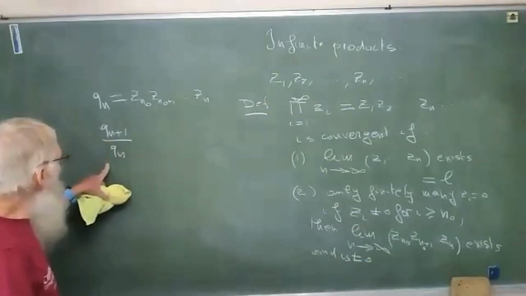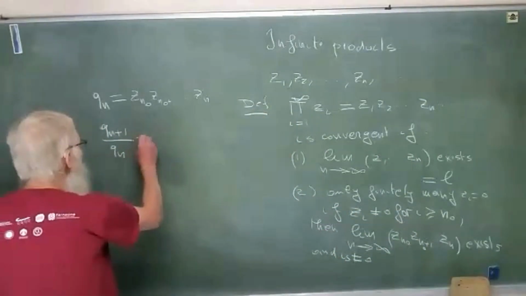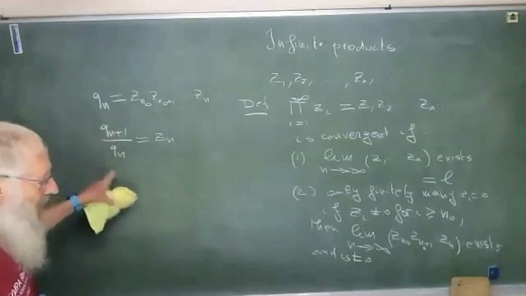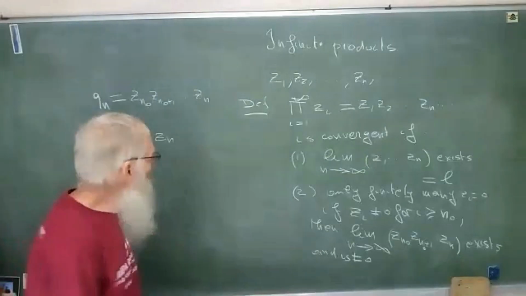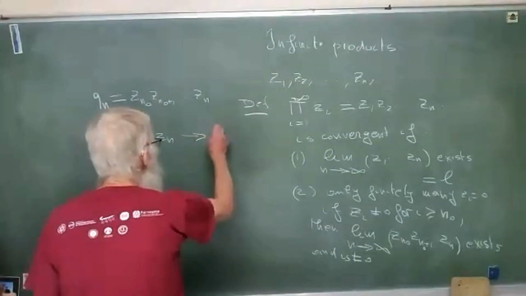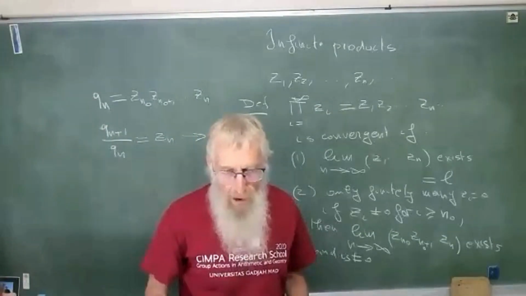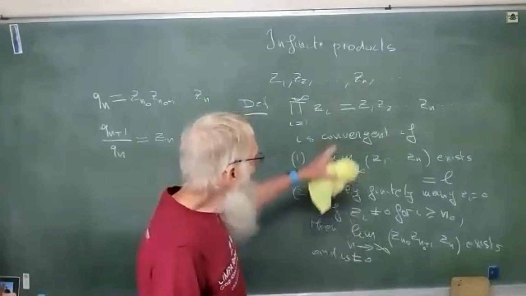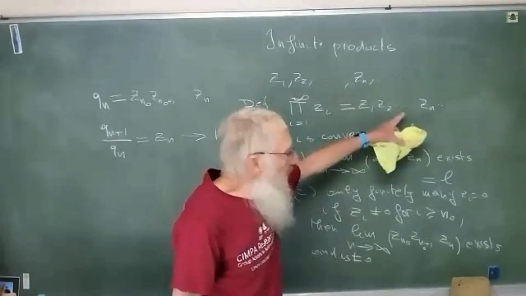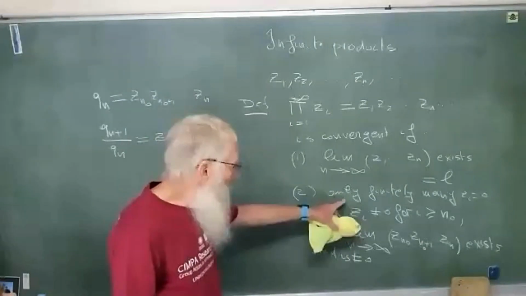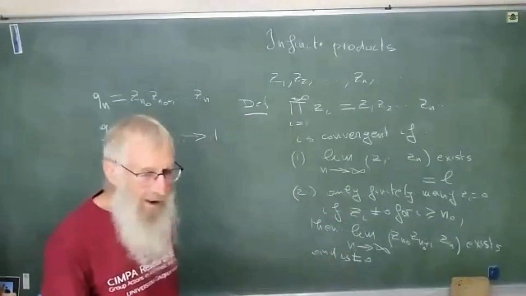So Qn plus 1 over Qn is just Zn plus 1. Qn plus 1 and Qn have a limit, and the limit is the same. So Zn tends to 1. So if you have an infinite product which is convergent, the sequence of Zn tends to 1, and therefore only finitely many are 0.